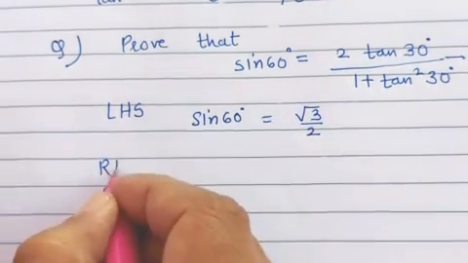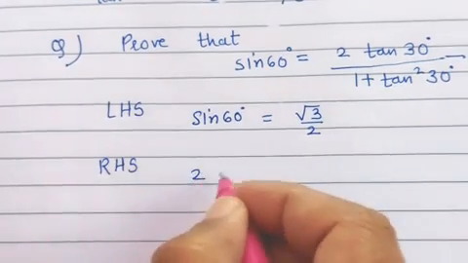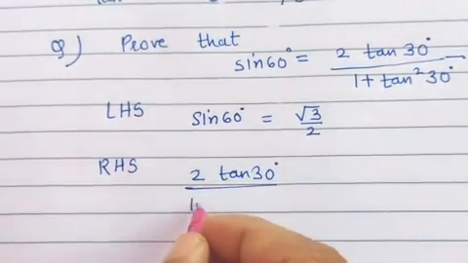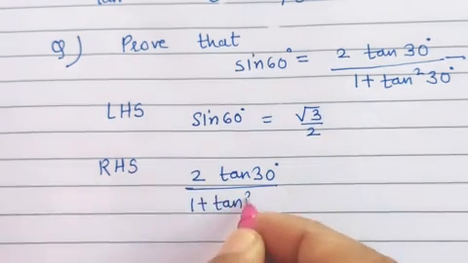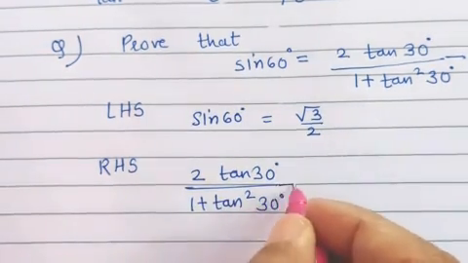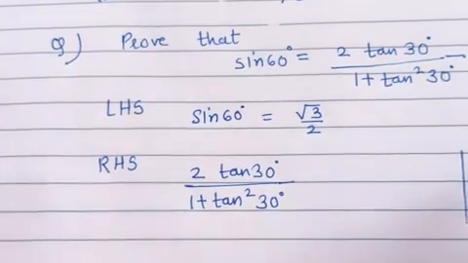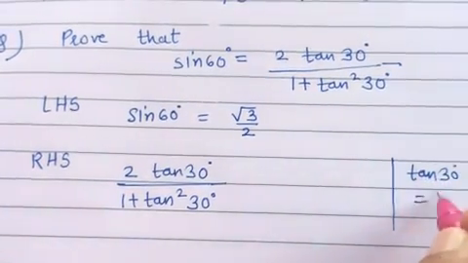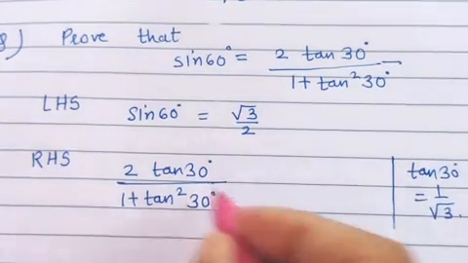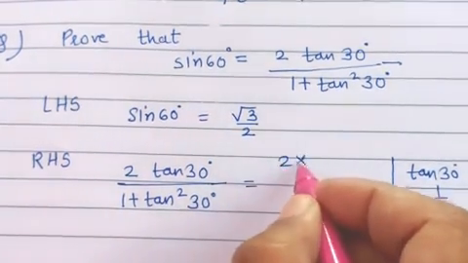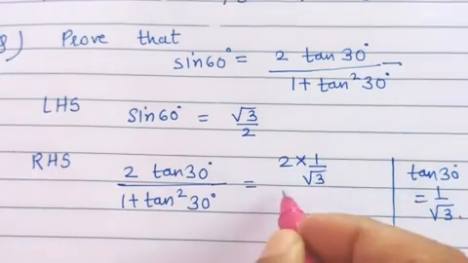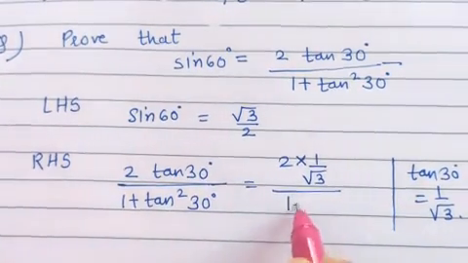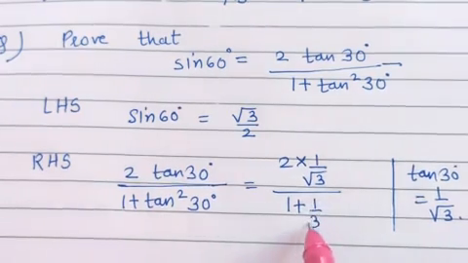Now I am going to take RHS, which is 2 tan 30 degree divided by 1 plus tan square 30 degree. Now since tan 30 degree is equal to 1 by root 3, this is 2 into 1 by root 3 upon 1 plus 1 by root 3 whole square, which will be 1 by 3.